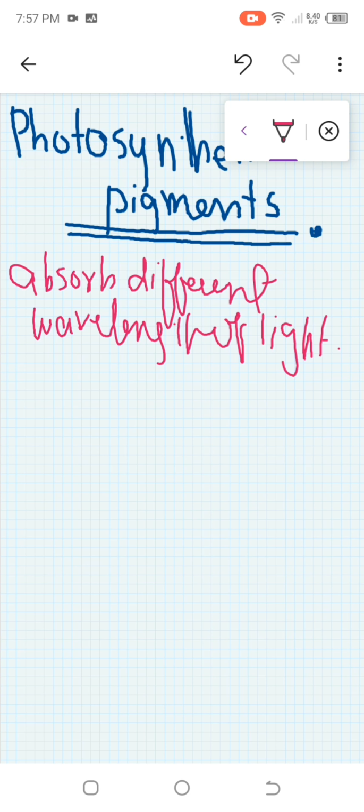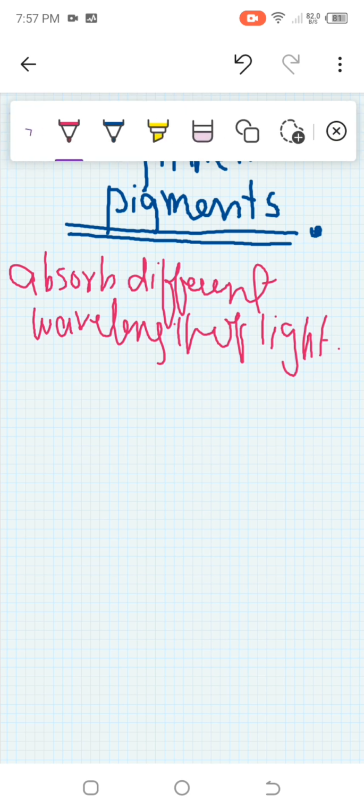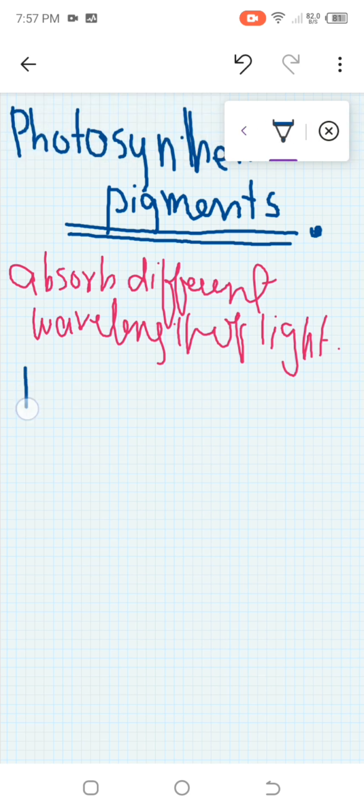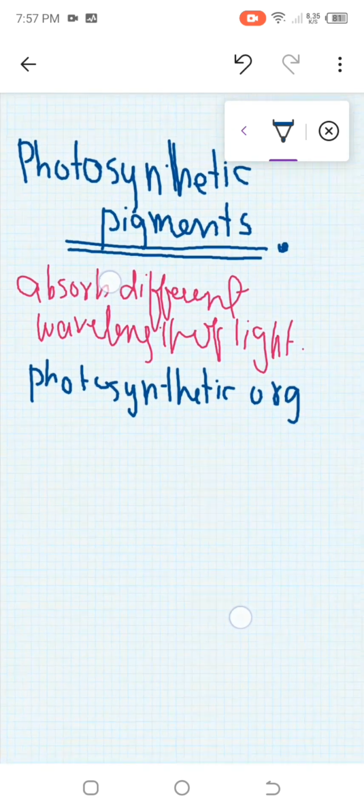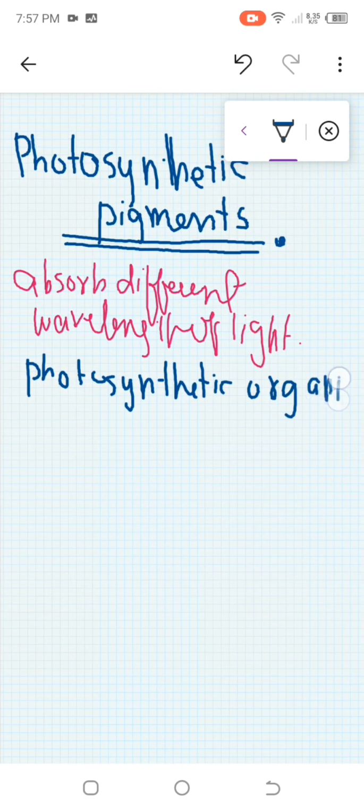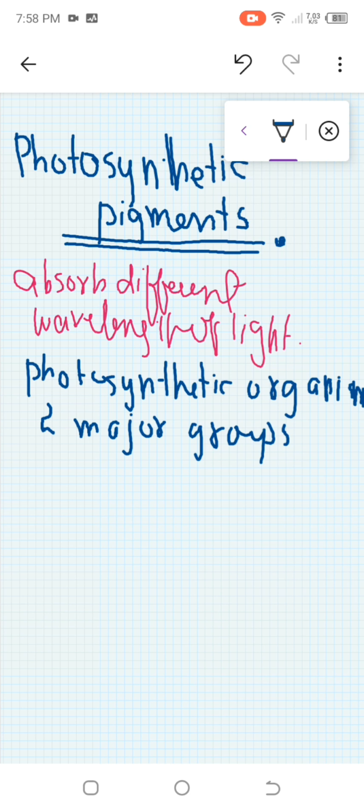In photosynthetic organisms, two major groups of pigments are present.